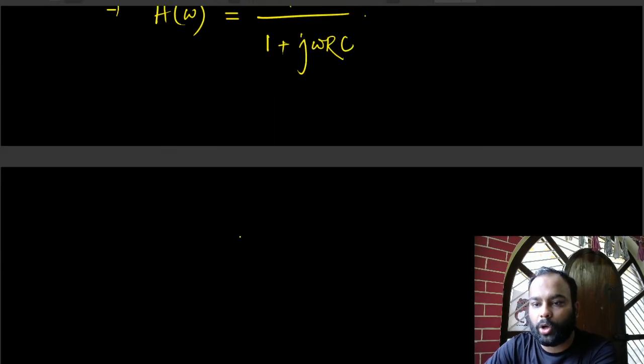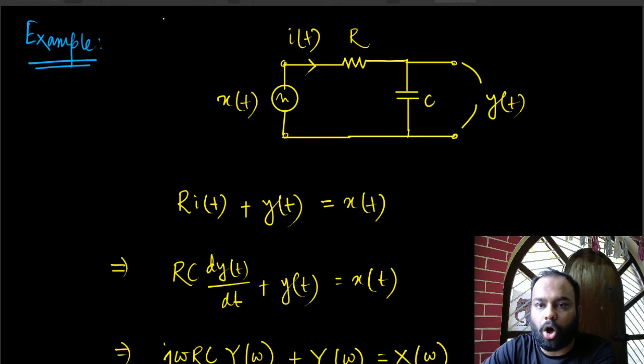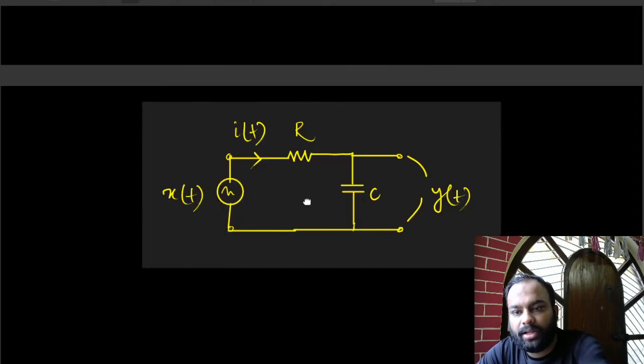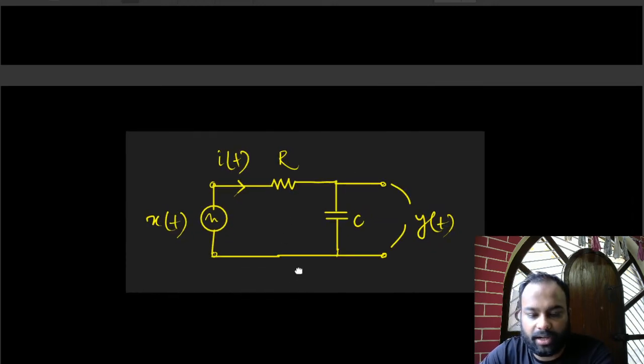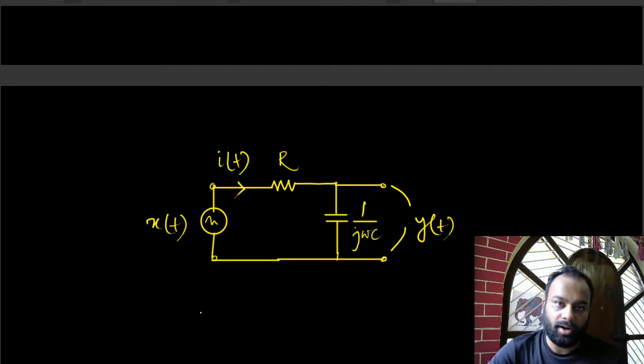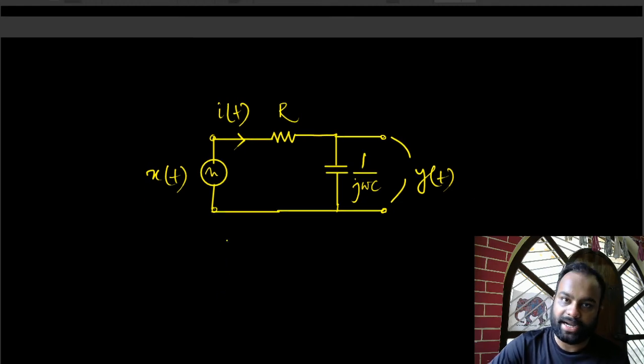If I redraw the circuit in terms of impedances, then what is the impedance of this? Again we derived the impedances. This is 1 over j omega C, understandably.